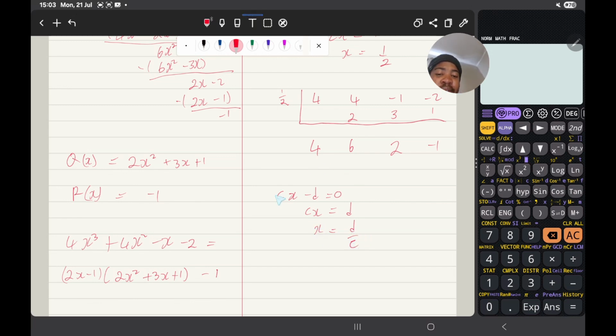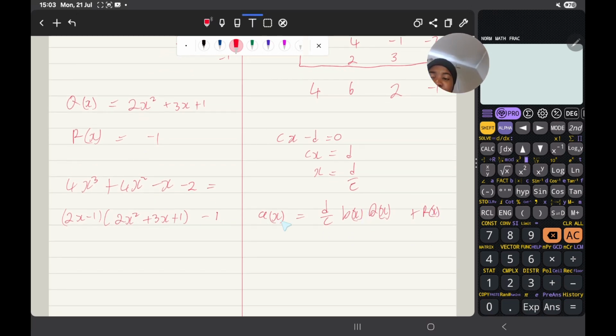Then your a of x will be d over c multiplied by b of x multiplied by q of x, plus the remainder. This is the structure in which you'd write it, rather than just a of x is b of x times q of x plus the remainder.